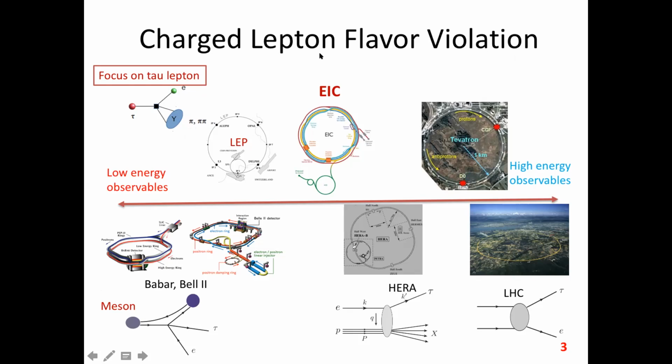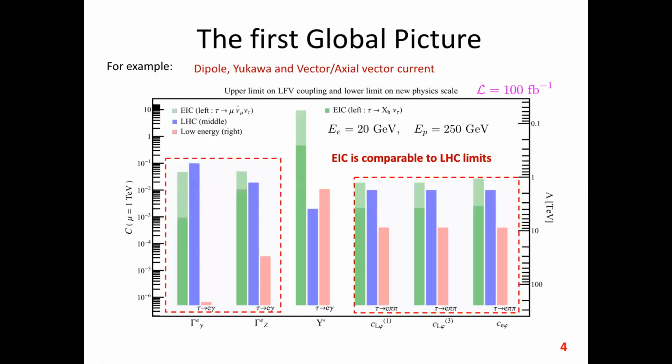In this talk, I will study the possibility of the EIC constraining this signal, and also compare its sensitivity to other limits. Here I first show a graph to let you know the main conclusion for the EIC. The light gray is for EIC tau to mu, the blue is for LHC, and the red is for the low-energy data.